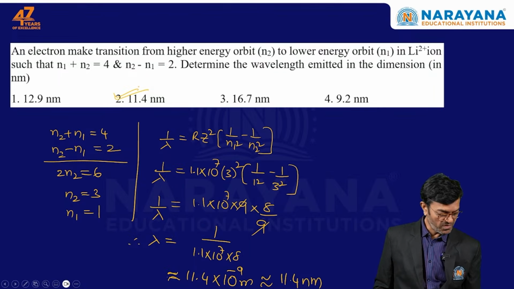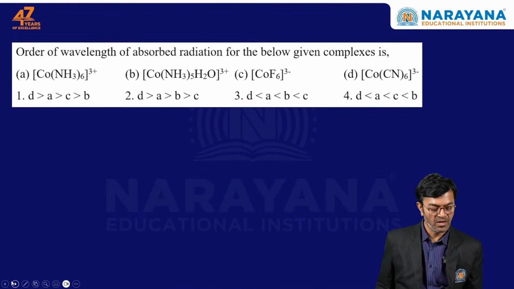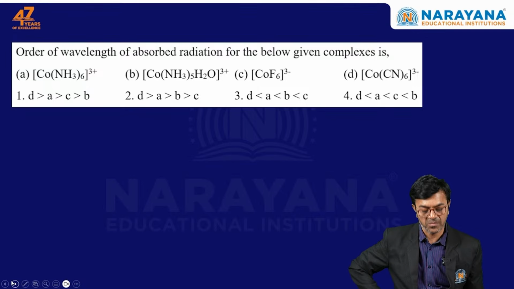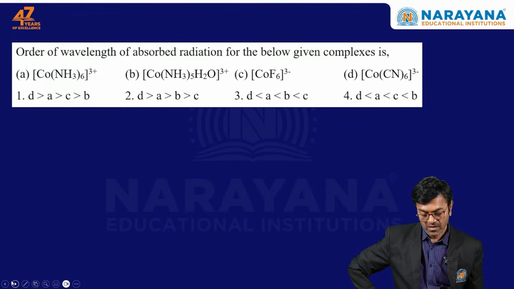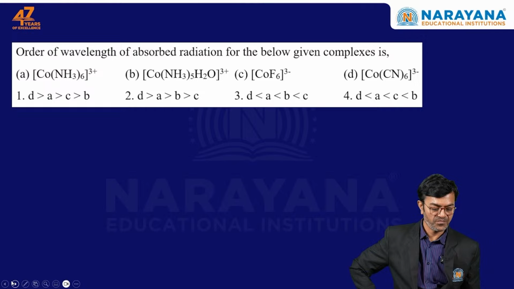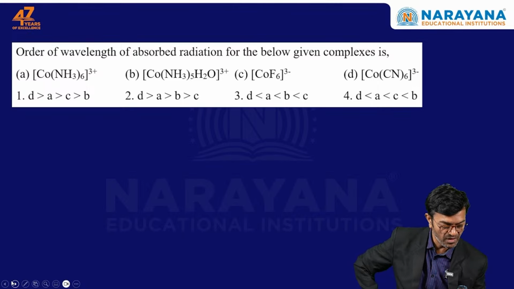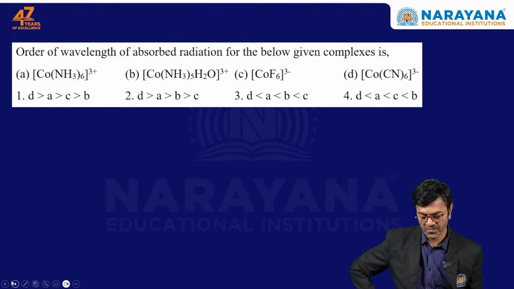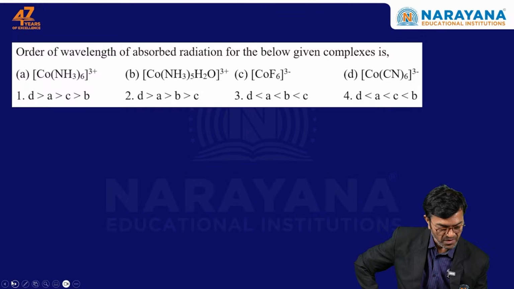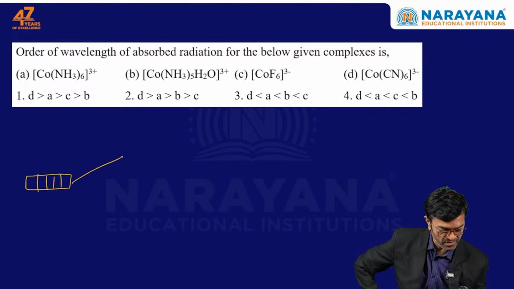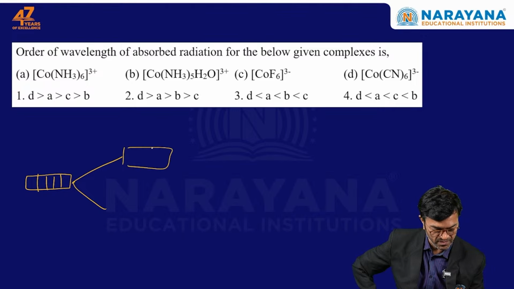Now, let us move on to the next question. It asks for the order of wavelength of observed radiation for the given complexes. This is related to crystal field theory, and we can answer it based on the splitting energy. In the presence of ligands, the degeneracy of the d orbitals is lost and they split into two levels.